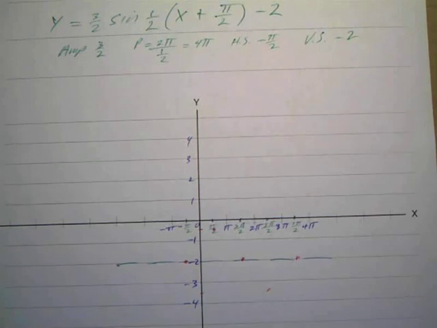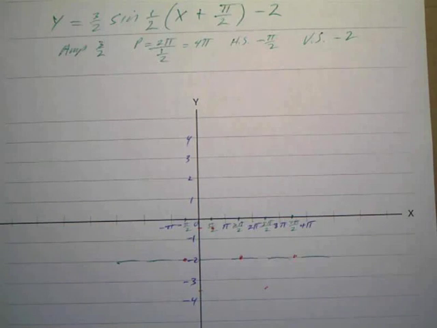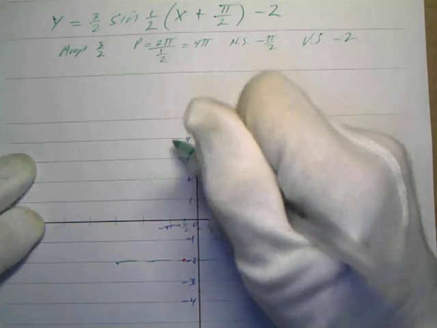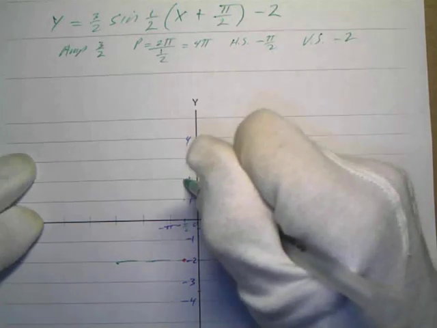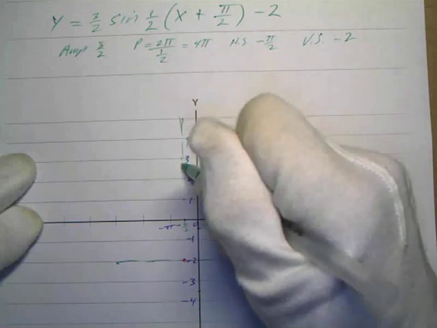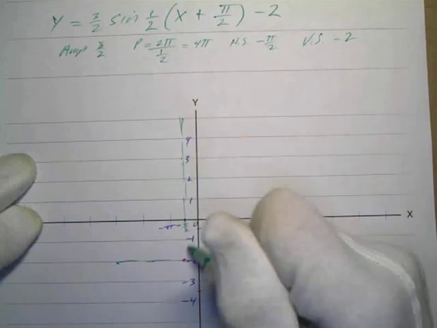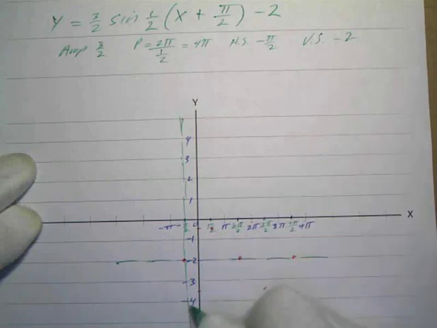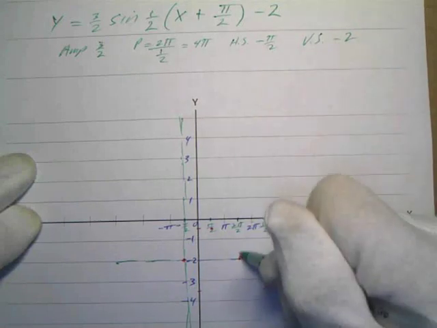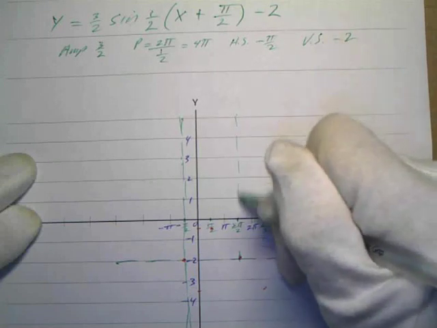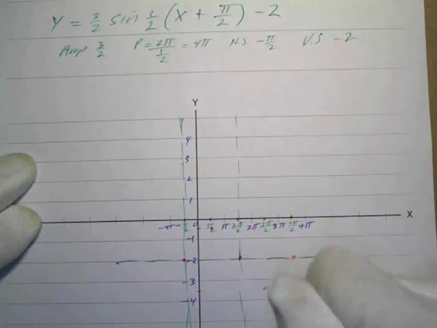I wish I had a ruler. I don't have a ruler. Oh well. So those are my asymptotes here.